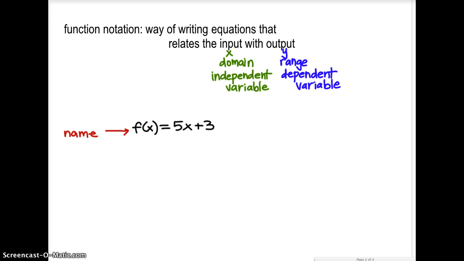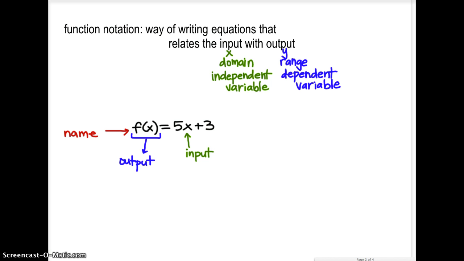We have our input. X is the input. Wherever we see the x, that is our input. The output is whatever f of x is equal to, okay? This is the output. Okay? So we read this.